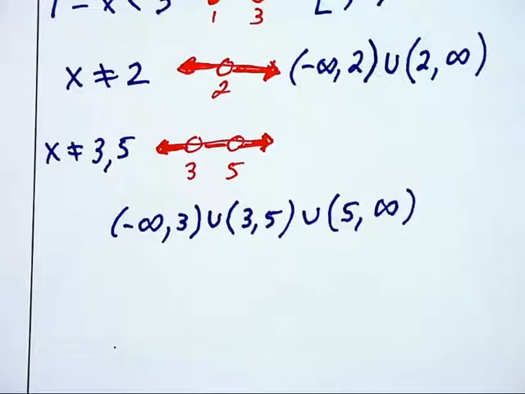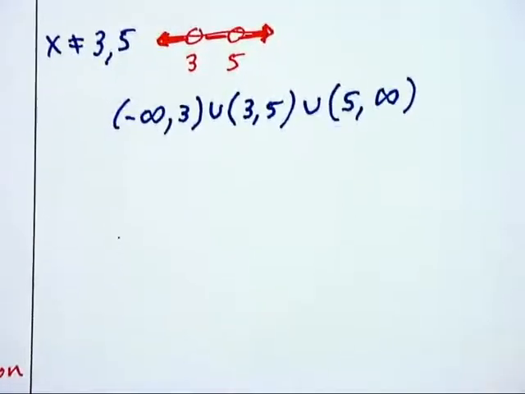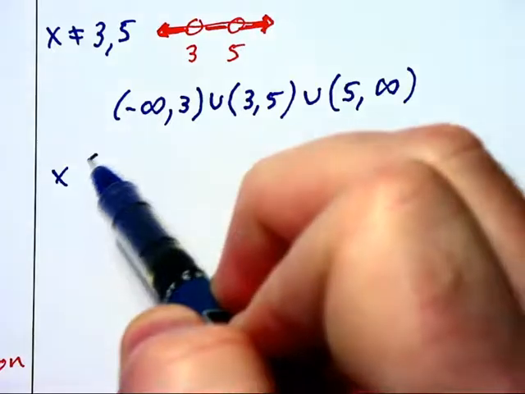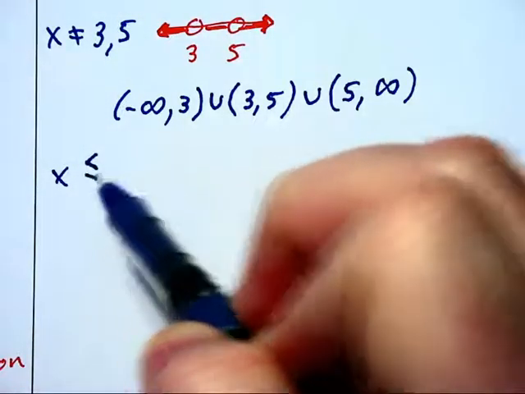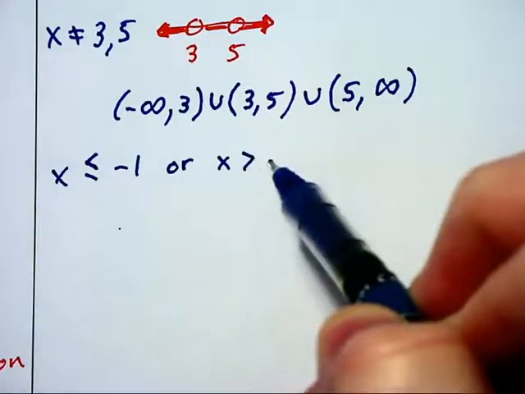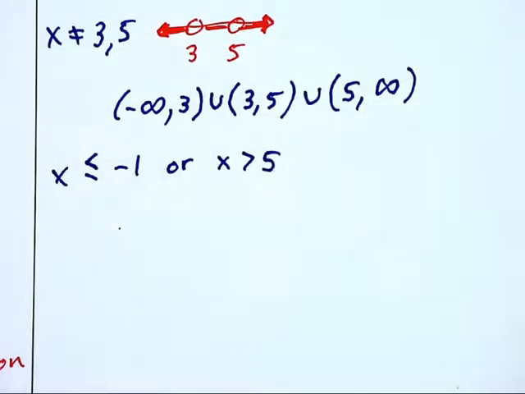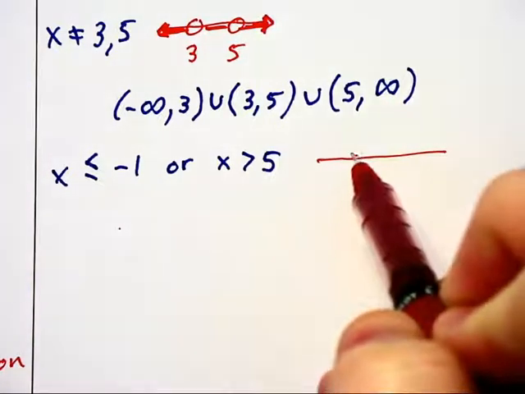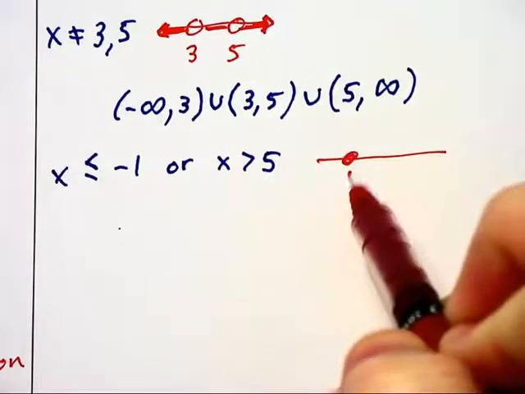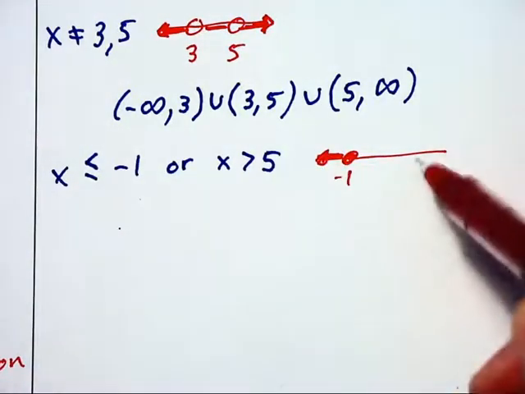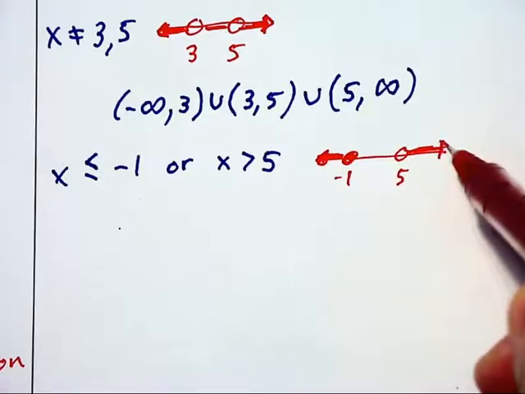Let's look at two more possible notations with this interval notation. The first one will be something like x is less than or equal to negative 1, or x is greater than 5. In this case, on a graph, we would be looking at a split graph again, solid dot at negative 1, shading to the left, and an open circle at 5, shading to the right.